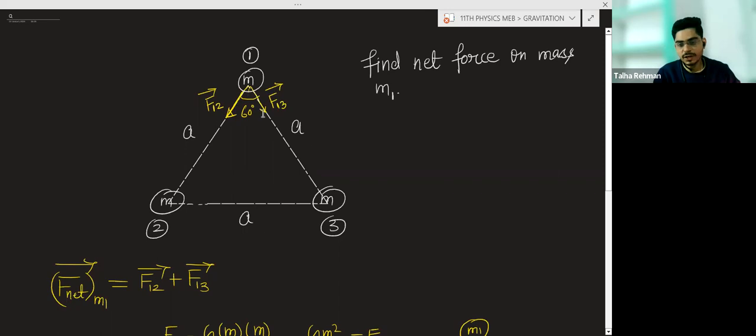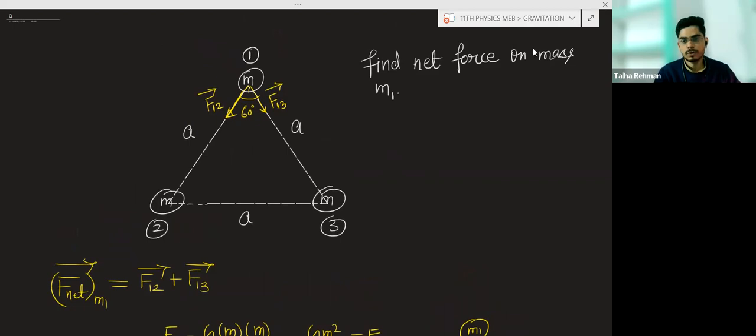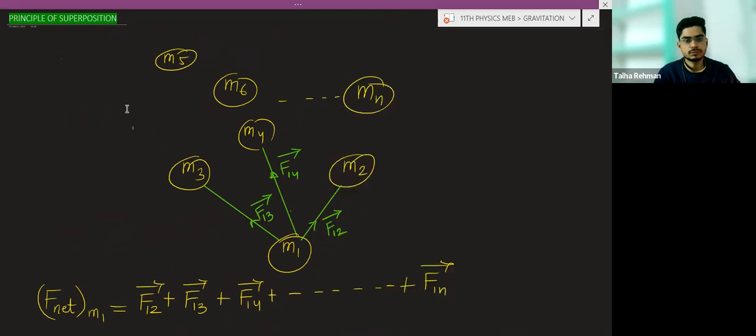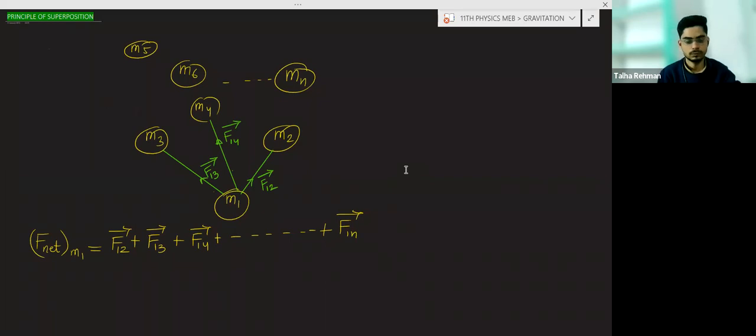Force is a vector quantity, so we can use the vector laws to add both the forces, and this is from the superposition principle. Note down. Write down fast.